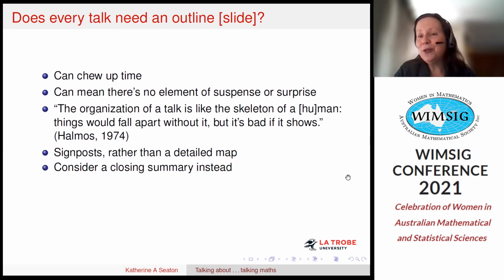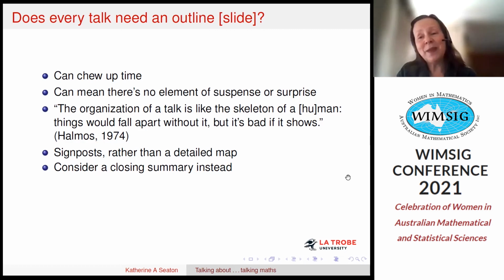So as long as you know what the organization of your talk is, then maybe that's enough, that as long as your talk follows a structure. So I would suggest maybe rather than having a detailed introduction to a talk, which eats up lots of time and spoils the surprise, maybe give people signposts rather than sort of a detailed map that you take them through before you actually take them on the journey.